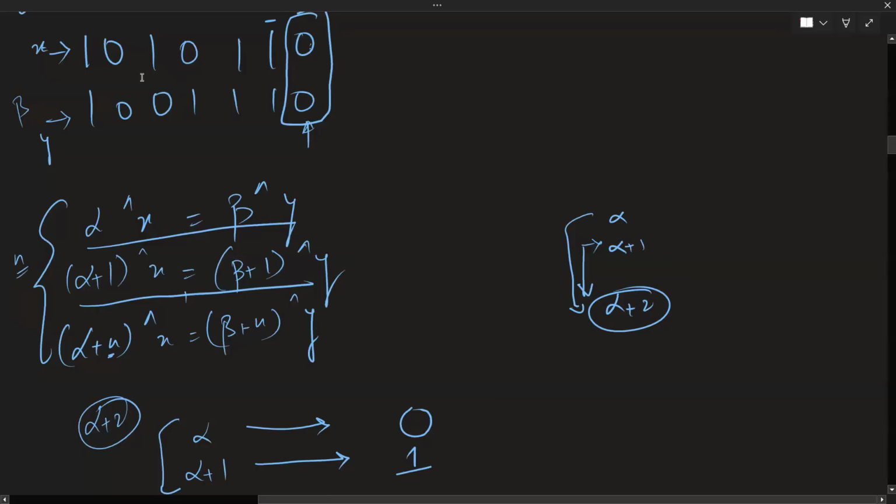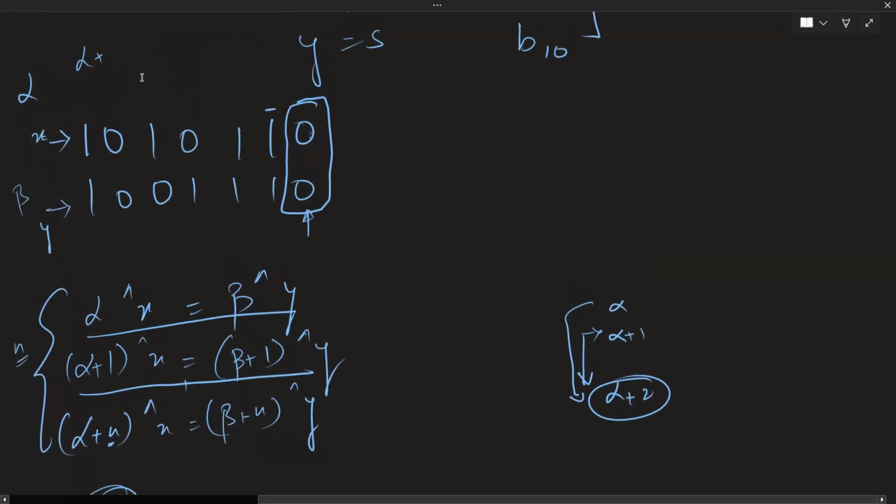Okay. So now let's look at this place. If both of these are different, and you decide that your alpha n is having a set bit here, then you will have a set bit here, right?